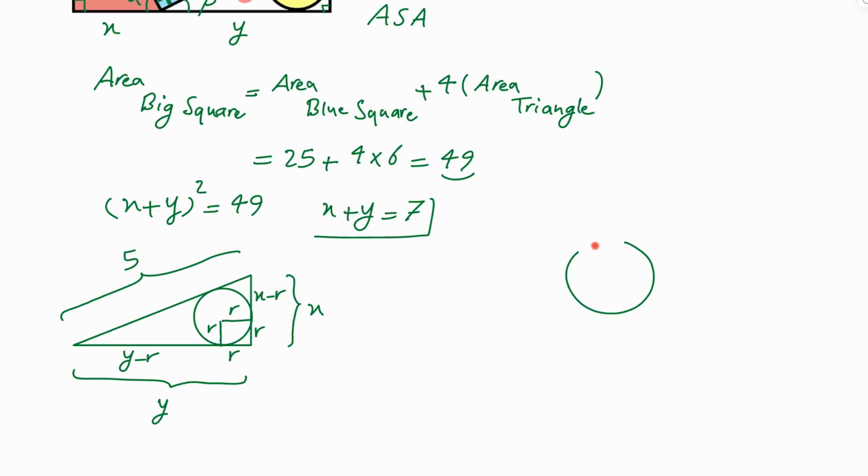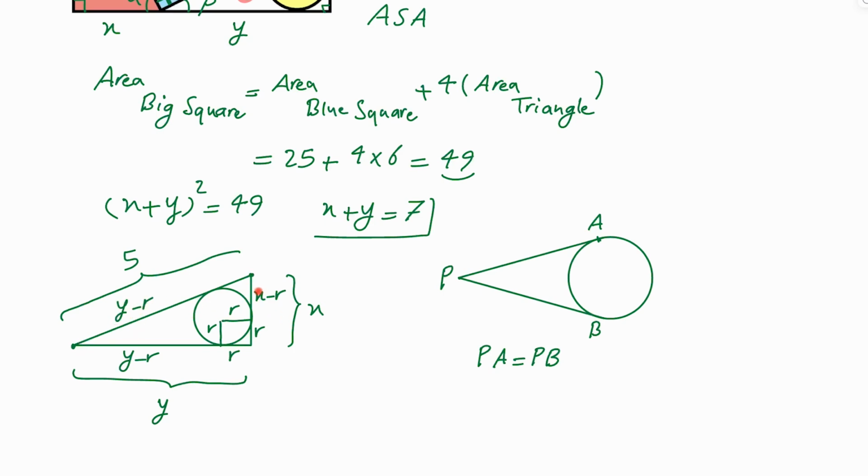And we know that if you have a circle and from a point outside the circle we draw 2 tangent lines to this circle, from the point to the tangency points, I call them A and B, these 2 segments are equal. So we can use it here. We have a point outside of the circle, 2 tangent lines, and this segment is equal to this segment, so we have y minus r here.